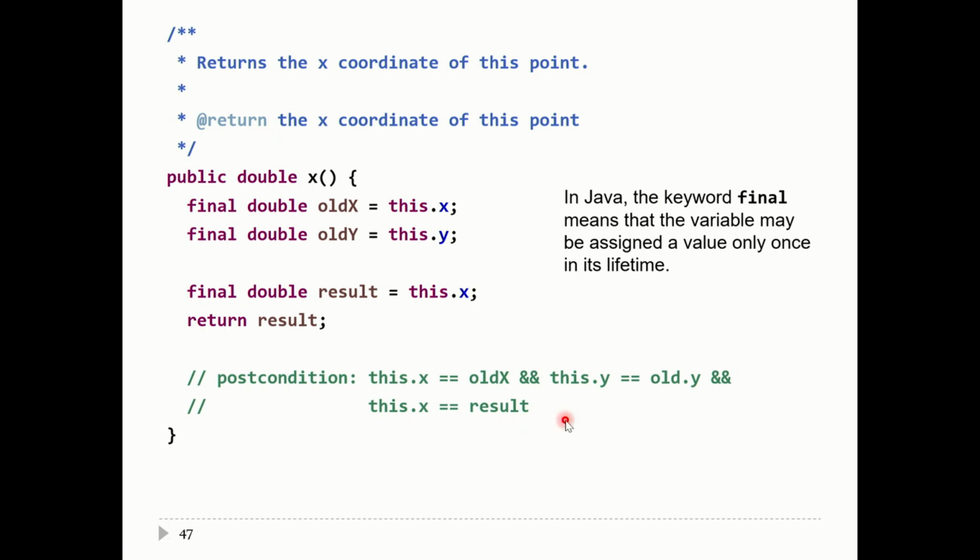The reason you want to do this is because if you can actually express the mathematical behavior of your program, you can then prove that your program is correct. One of the ways that you do that is by expressing the pre and post conditions mathematically.